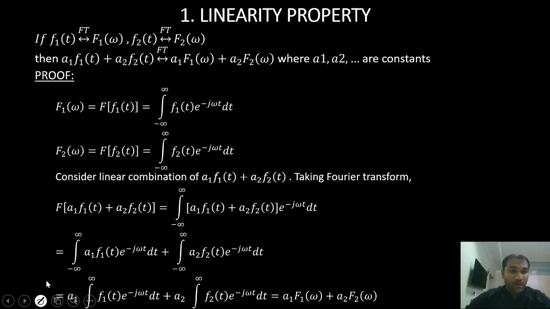So what will happen if there is a minus sign here? I have a minus sign here, a1 f1 of t minus a2 f2 of t. Then I'll get a1 F1 of omega minus a2 F2 of omega. Right? That is the linearity property.